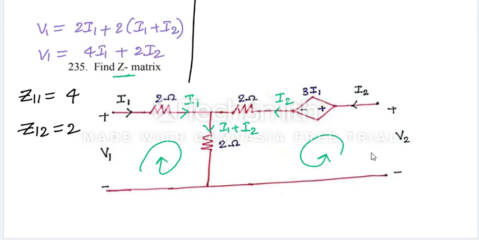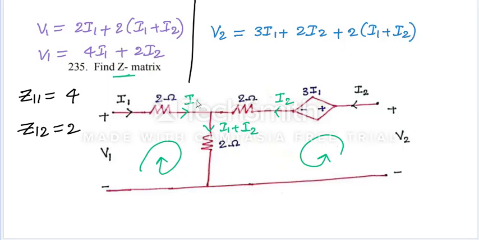Next, Z parameters for the second port of the network. We need to find the KVL now here. Apply the KVL here. V2, which is equal to what now here? 3I1 plus 2I2 plus 2 into I1 plus I2 now.